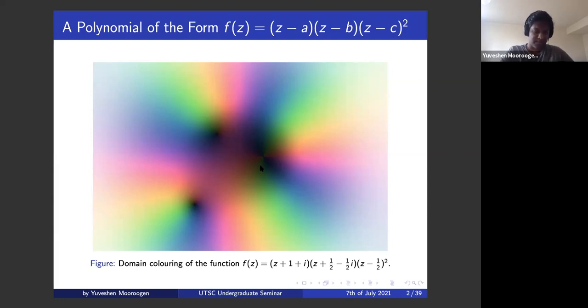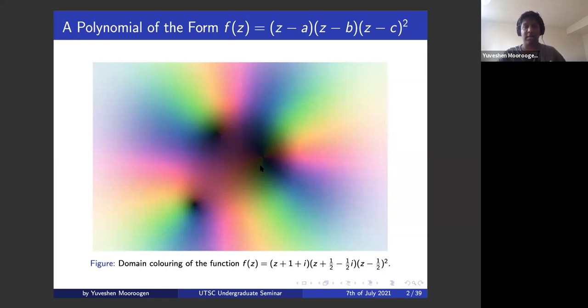And those pictures, well, they're pretty, which is really why I want to look at them, but they also carry a lot of useful information. If you look at the function that I have on this slide, at a glance, I can figure out that this guy, if you tell me that it's a polynomial, is a 4th degree polynomial.